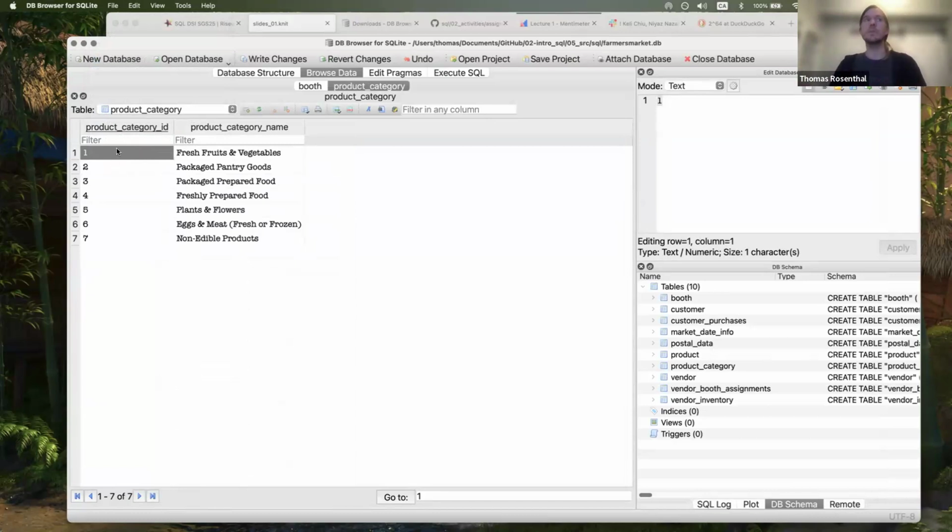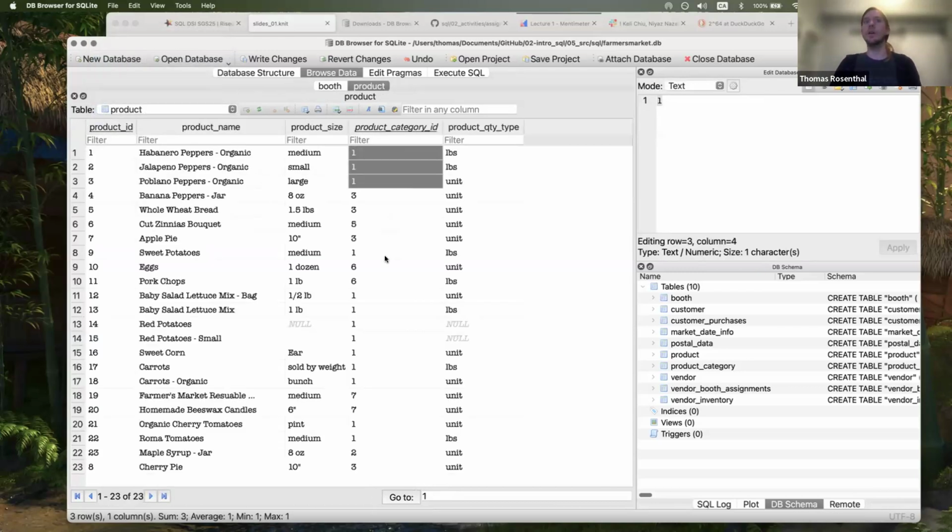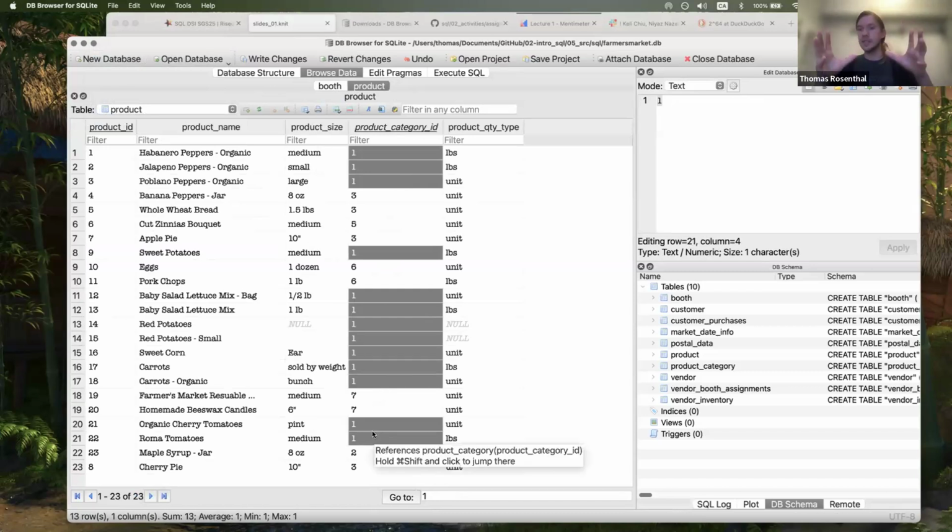The join will be much faster on an integer than it will be on a text value. So product category 1, which is fresh fruits and veggies, in the product table will be all of these records. We absolutely could have just stored fresh fruits and veggies here. We don't even have to have the table if we don't want to, because it's so simple.